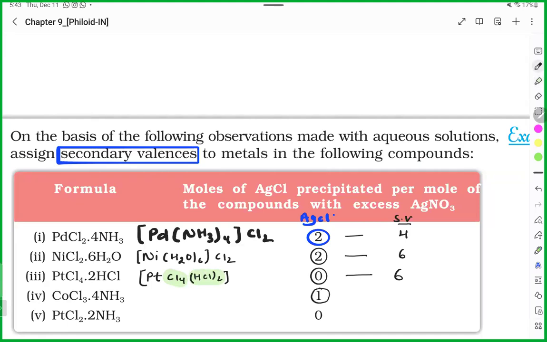One chlorine will be outside. Can I write like this? Correct? What is the secondary valence? 6. Very good. Six. Last, no molecule is outside.